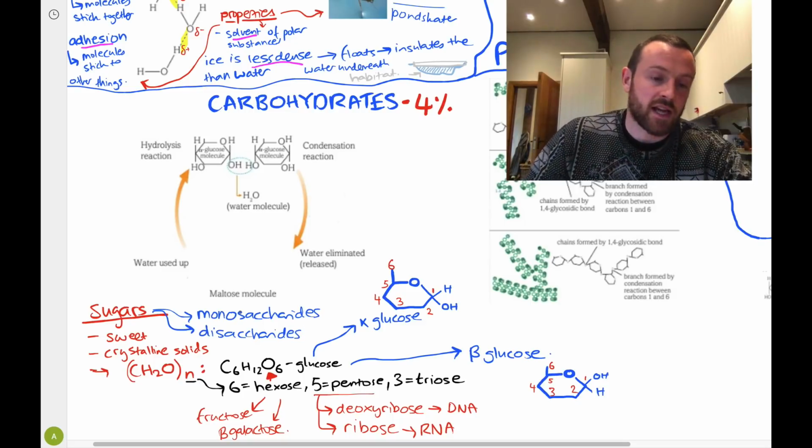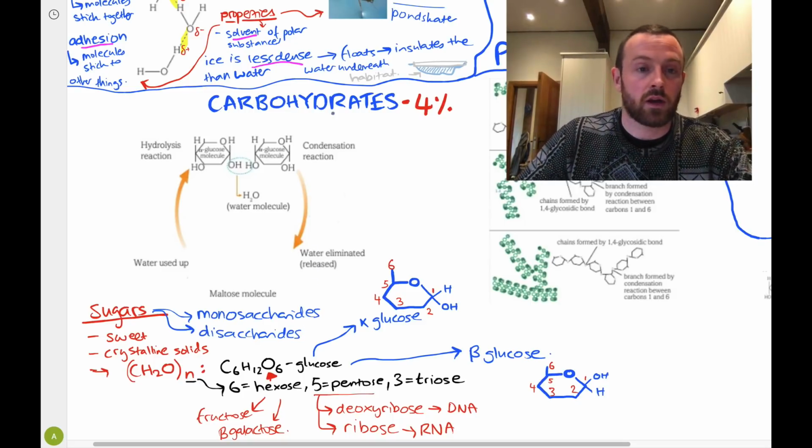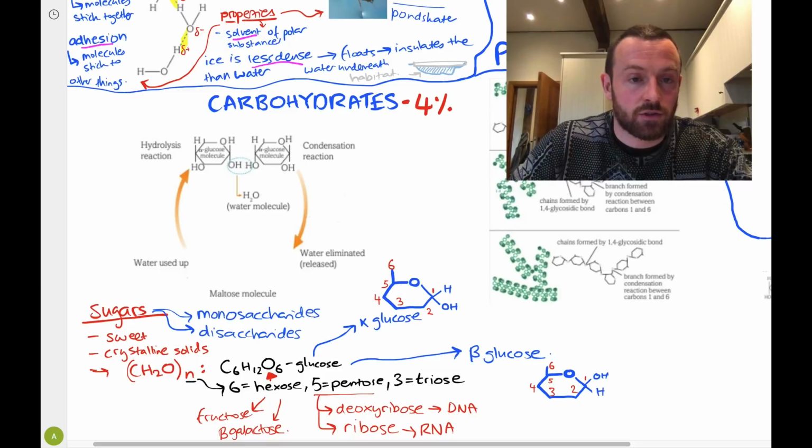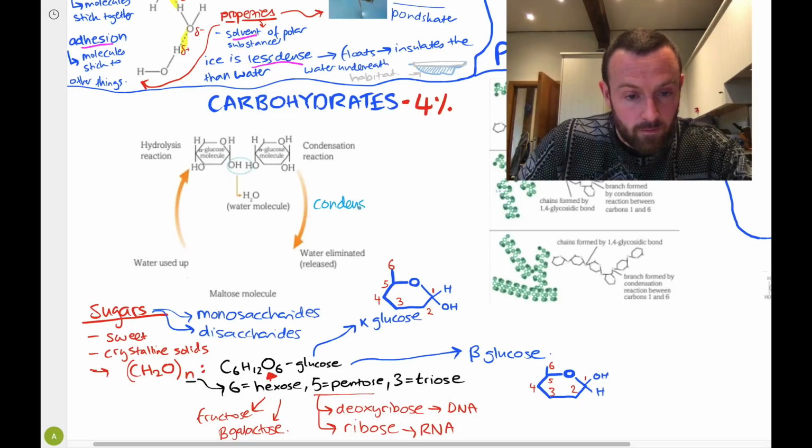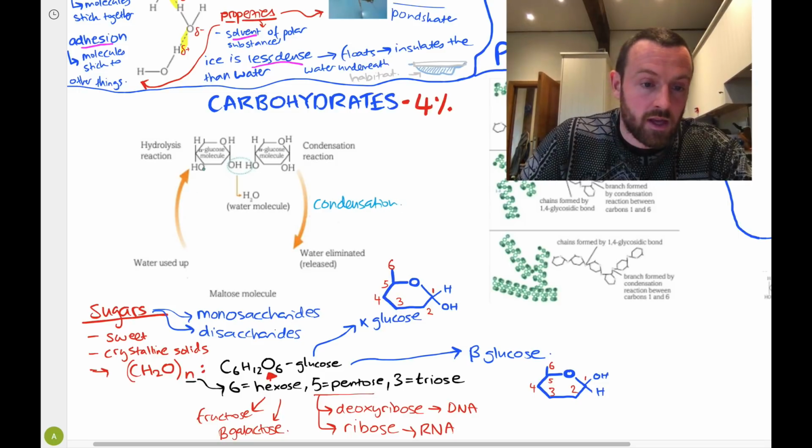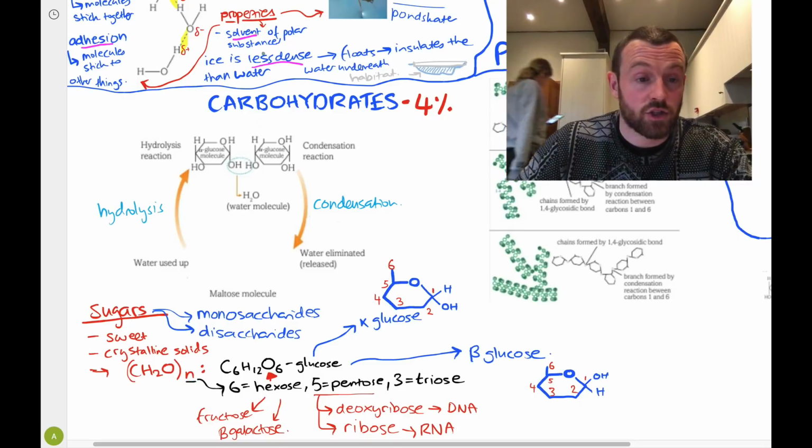So how do we take a monosaccharide and turn it into a disaccharide? Well, we come back to that condensation reaction that we talked about earlier. So this here shows a condensation reaction, and this here would show a hydrolysis reaction.